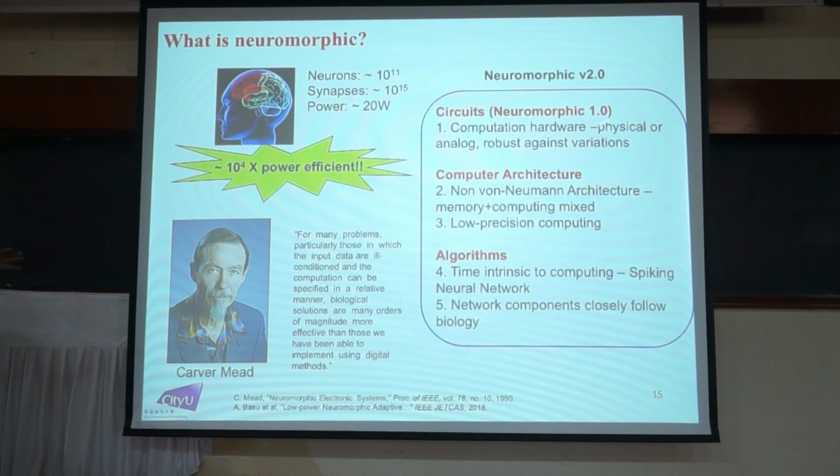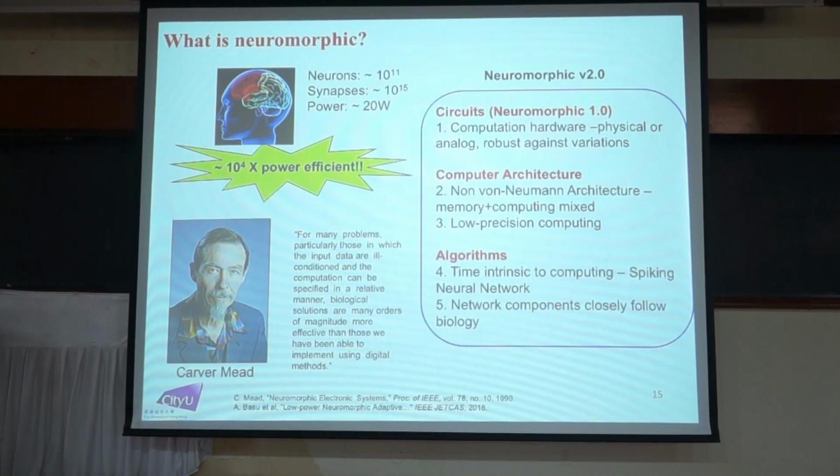I call it neuromorphic version 1. But since then, in the last 10, 15 years, a lot of people in different communities try to do different things and they call it neuromorphic. So I would broadly say in digital systems, you heard Rajit's talk, if you are having non-von Neumann architectures where memory and computing are kind of mixed, potentially people also call that neuromorphic. If you're using digital systems with low precision, a lot of people also call that neuromorphic.